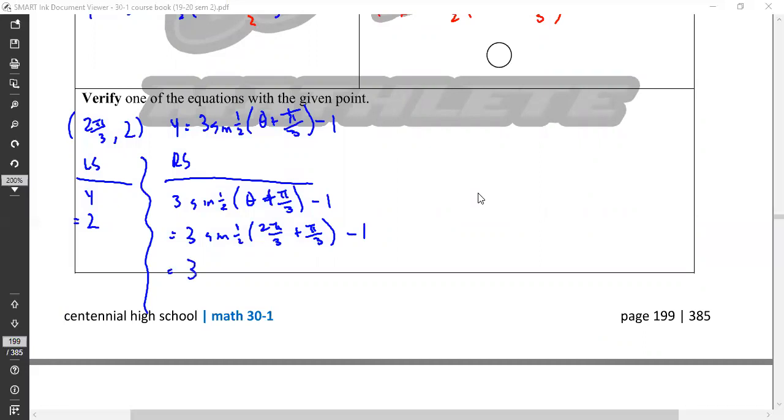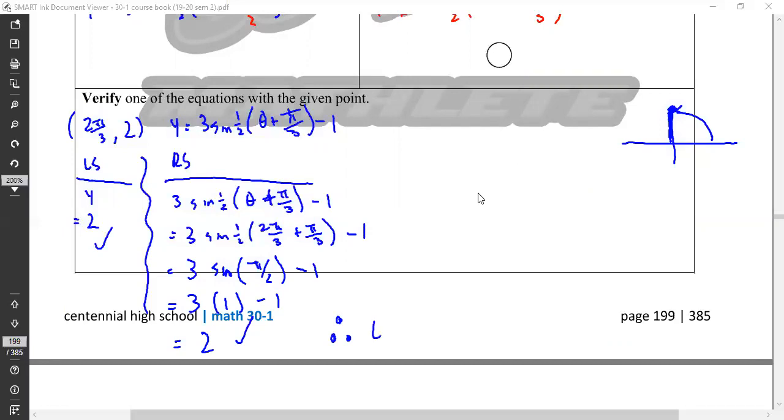So this is just equal to 3 sine multiplied by 1/2, it's pi over 2. Sine of pi over 2. Where is sine pi over 2? Pi over 2 is 90 degrees. What's the sine value there? That is the y value, and that's positive 1. So 3 times 1 minus 1 is equal to 2. Therefore, yay! Left side equals right side. That's it.